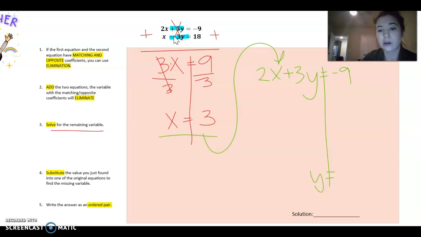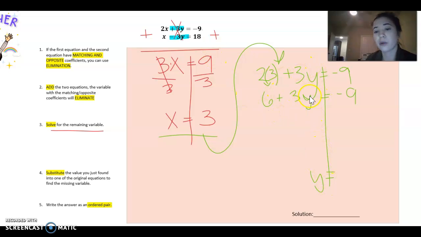Okay, so we're going to plug that 3 in right here. So I'm actually just going to erase it and plug it in. I know that 2 times 3 gives us 6. And again, we're solving for our missing one. We knew what x was, so now we're trying to get y by itself.